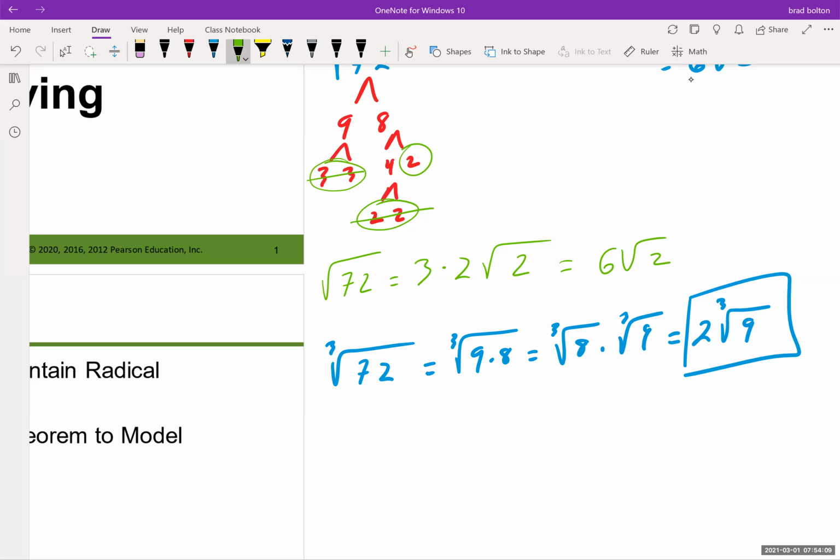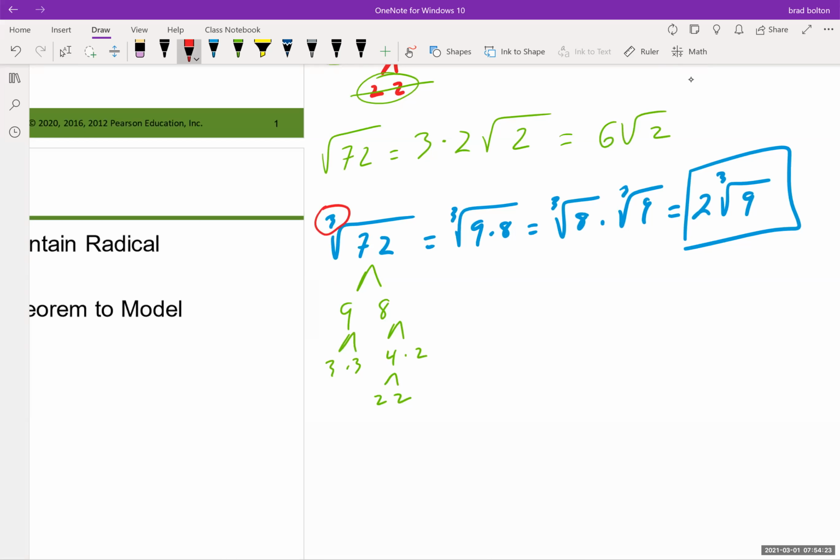If we do it my other way, I would say, well, this is 9 times 8. This is 3 times 3. This is 4 times 2. This is 2 times 2. Now instead of searching for 2 of a kind, the index tells me I'm searching for 3 of a kind. So here are three 2s. I'm going to use them up and put 1 two on the outside. What stays behind is this set of 3s. Well, 3 times 3 is 9.